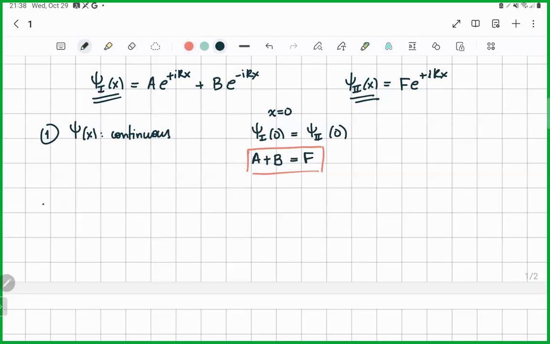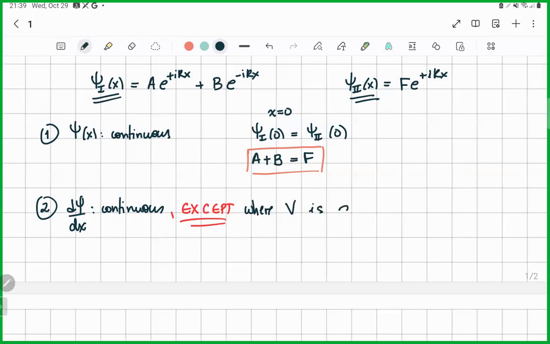Second property is the story about the derivative being continuous. Well, in general, this is true, except in cases like ours, where the potential goes to infinity, which is exactly what we have.